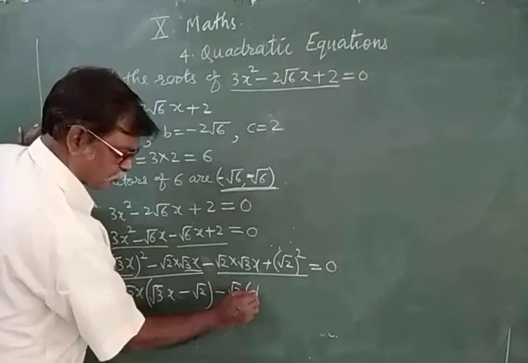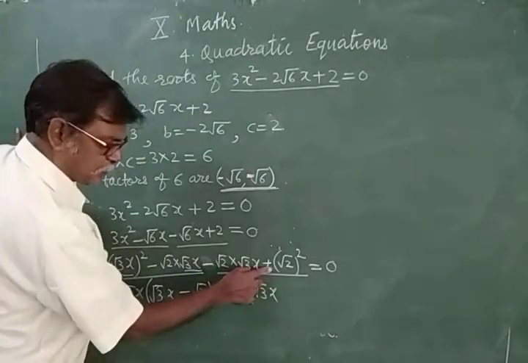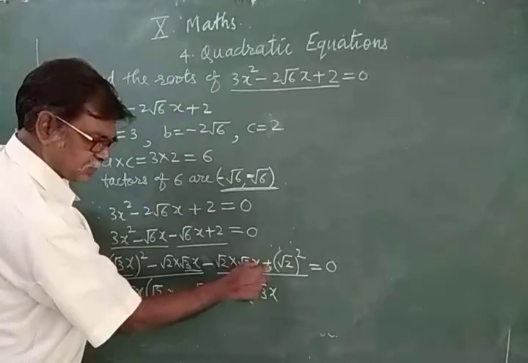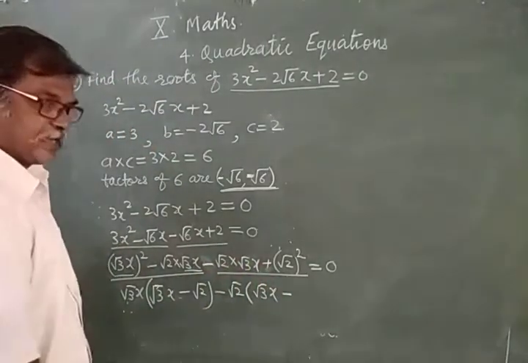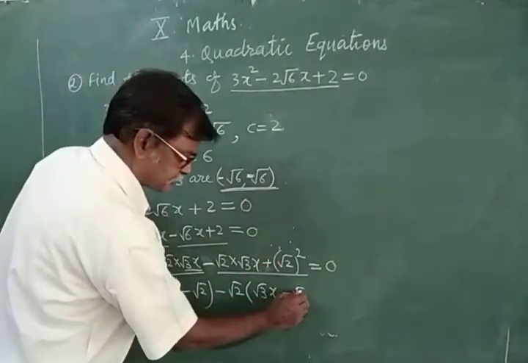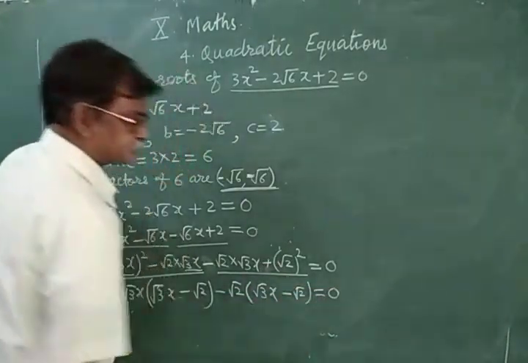So here root 3x, now plus, from plus minus is taken common, so there is remaining minus root 2 is equal to 0.